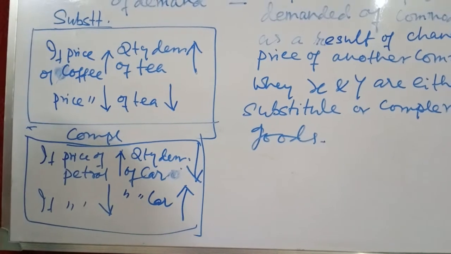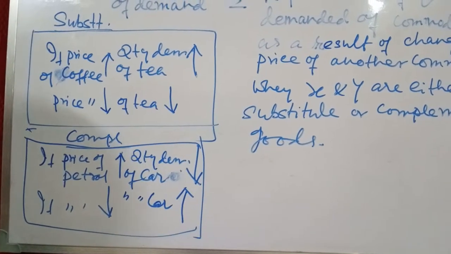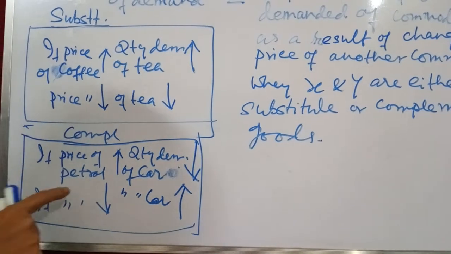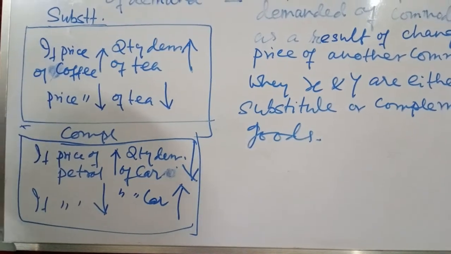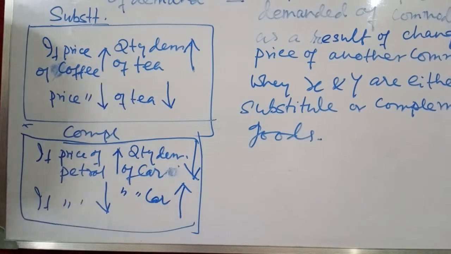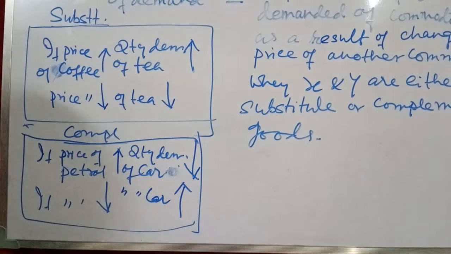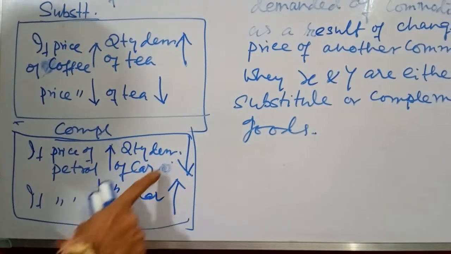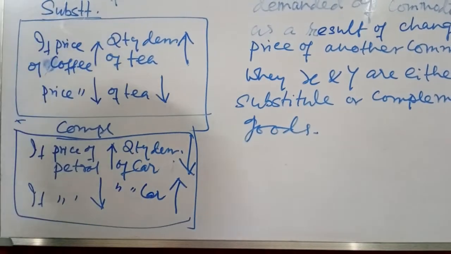Now petrol and car are complementary goods because they are used jointly. So if price of petrol increases, it becomes more expensive to run a car, so quantity demanded of car will fall. Correct?